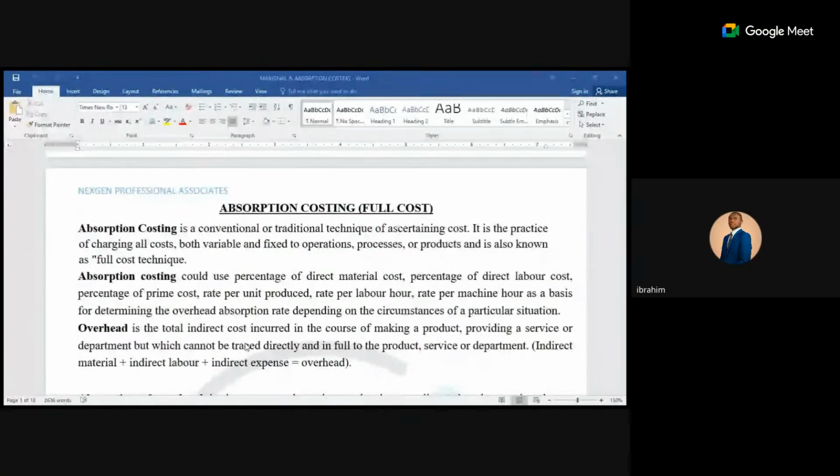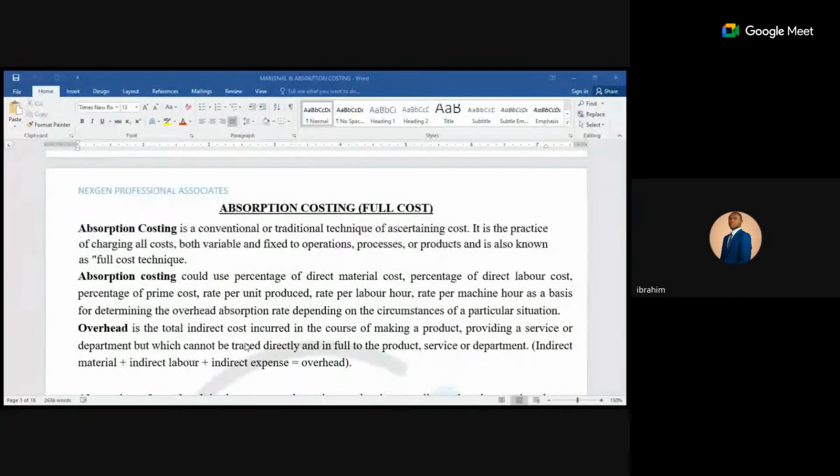So absorption costing values its inventory using the full cost. Absorption costing is also known as the conventional or the traditional approach.